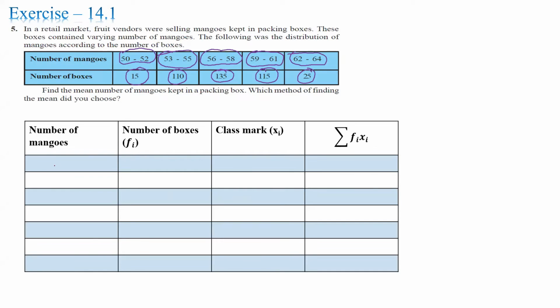Okay, so in the first column we will write the range. So the first range is 50 to 52. Next is 53 to 55. Okay, next is 56 to 58.